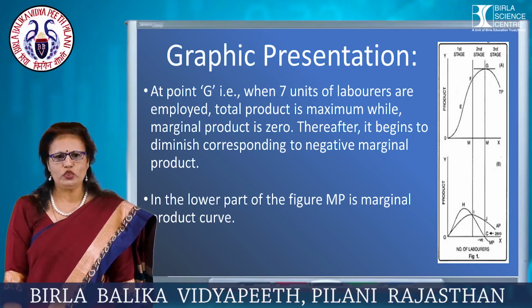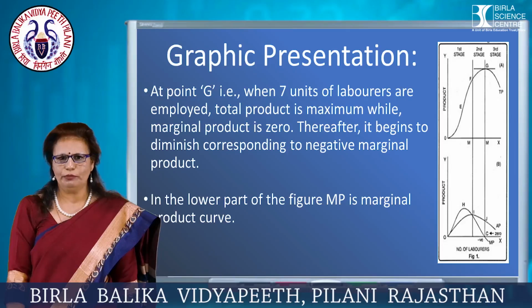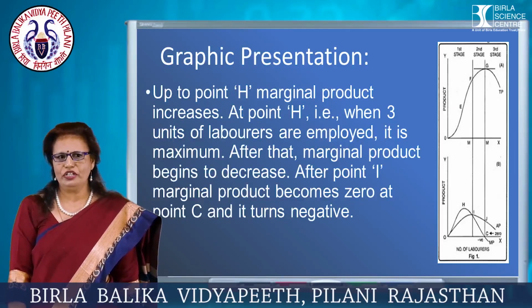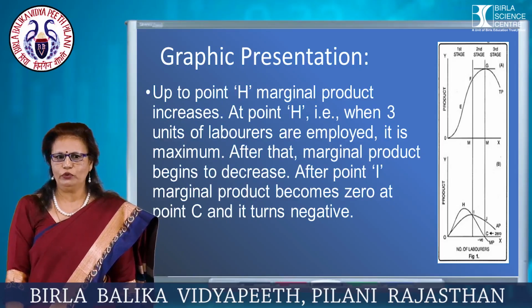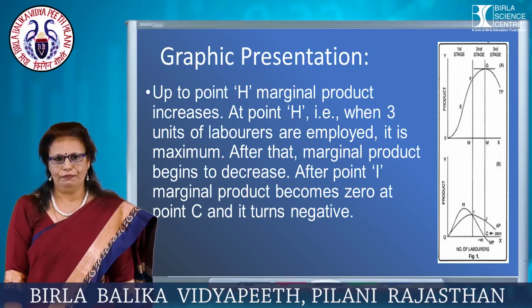Thereafter, it begins to diminish corresponding to negative marginal product. In the lower part of the figure, MP is the marginal product curve. Up to point H, marginal product increases. At point H, that is when 3 units of the laborers are employed, it is maximum.